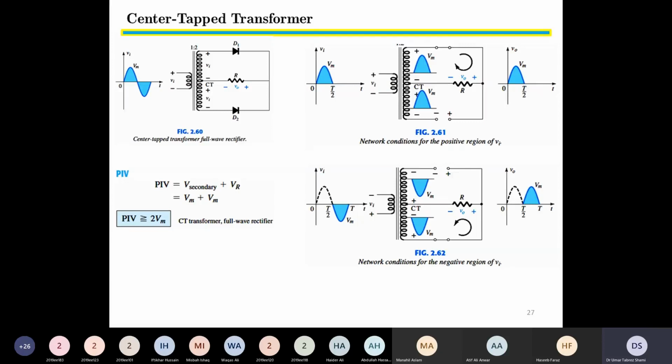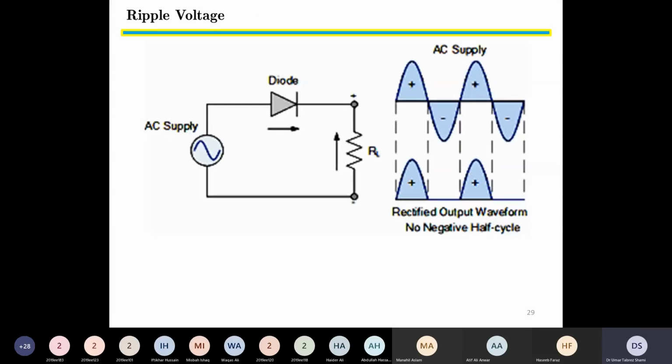The output voltage again has a DC voltage of 0.636 times Vm, and the peak inverse voltage for the standard type transformer case should be equal to or larger than twice the maximum voltage being applied.